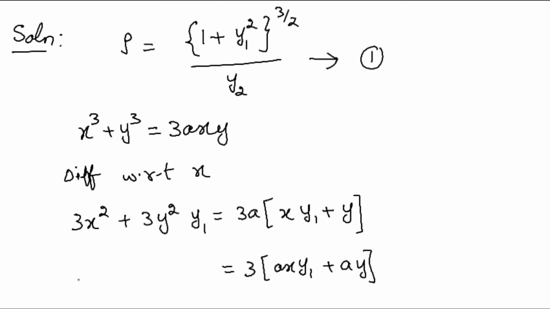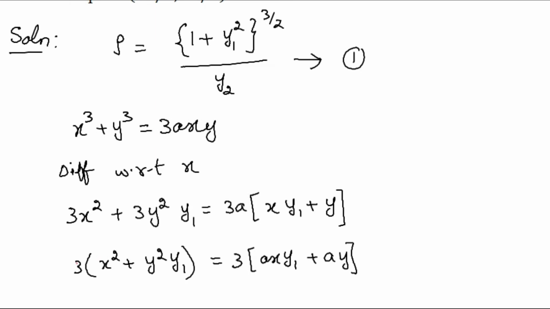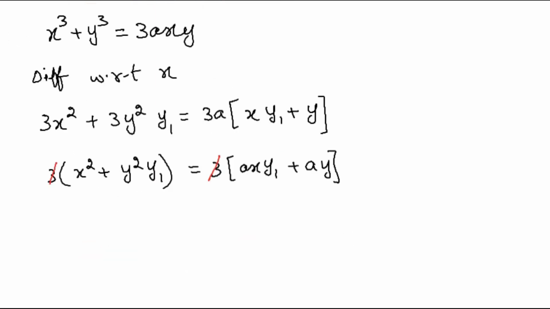On the left hand side, if I take 3 common outside, I'll be left out with x square plus y square into y1. This value of 3 will cancel out. We'll be left out with x square plus y square y1 is equals to axy1 plus ay.